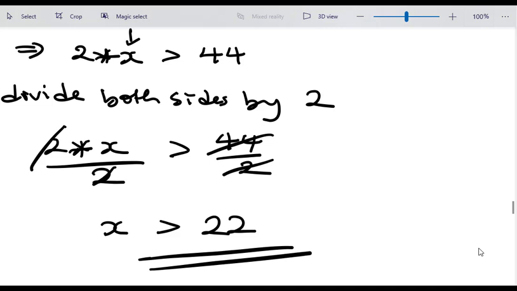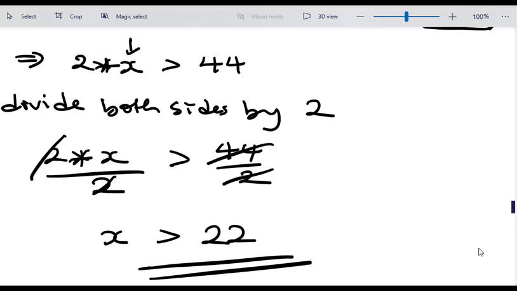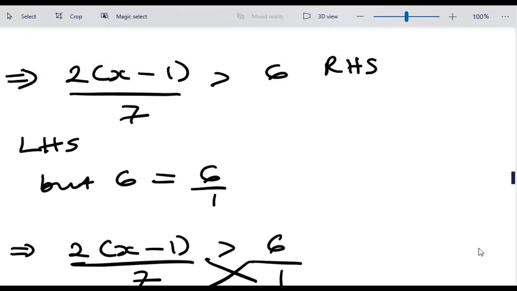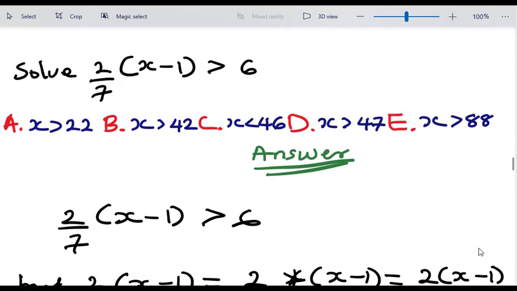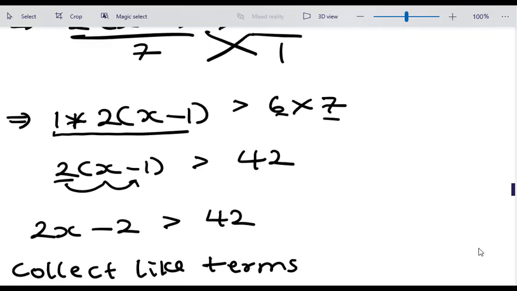So this is our final answer. Our x is greater than 22. So let us scroll down to verify. And we find out that option A is good to go. So that's the answer.